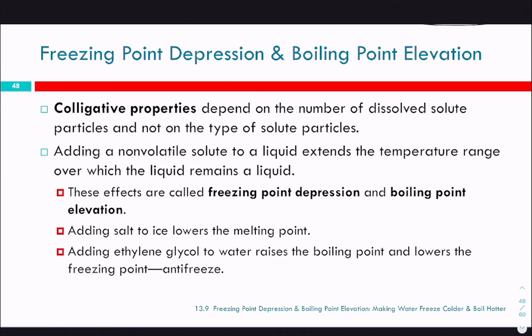So colligative properties, I think, are actually kind of an interesting category of properties. Colligative properties only depend on the number of dissolved solute particles, not the type of those solute particles. So it doesn't matter what you dissolve into your solution, it will affect a colligative property.